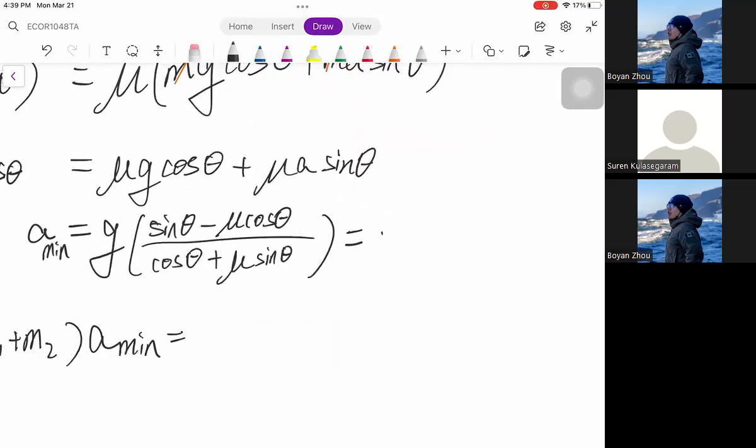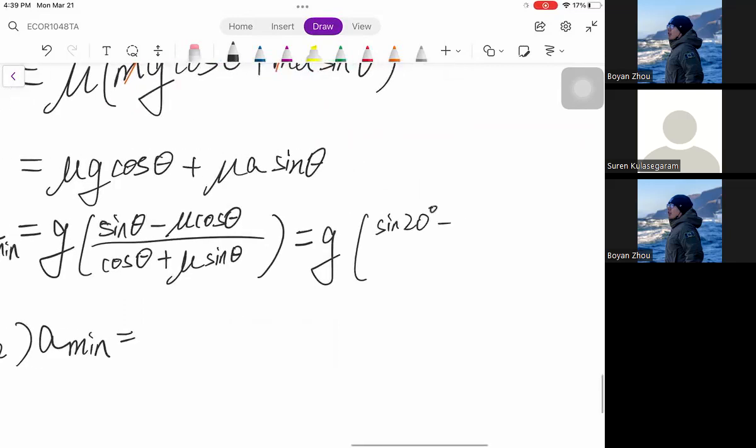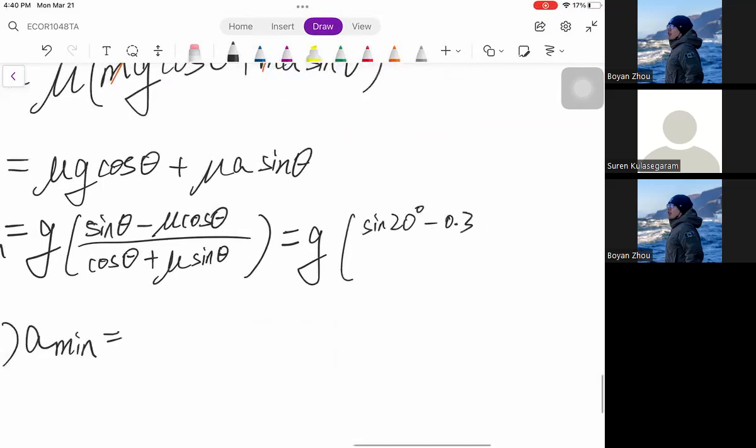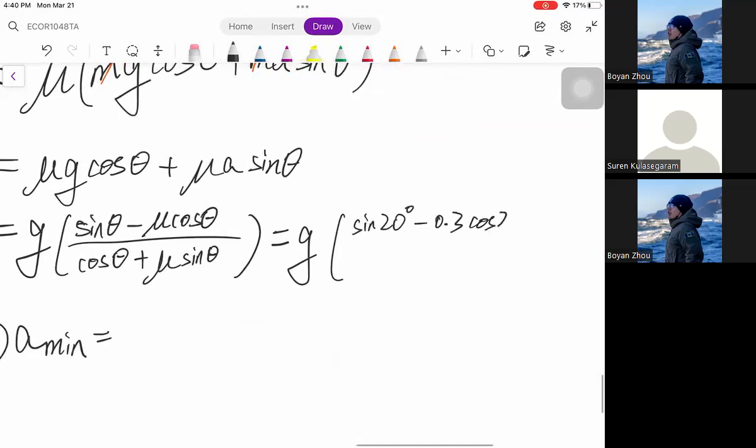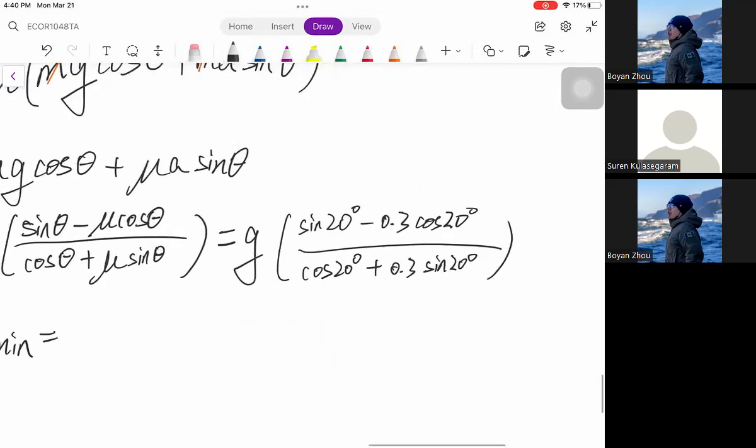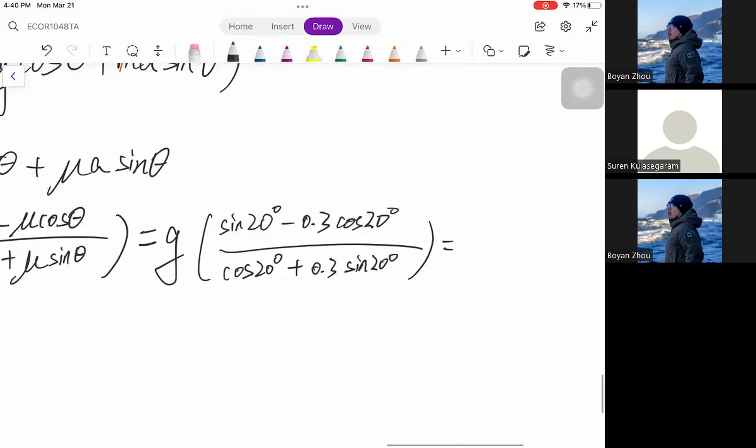So this one is G times sine 20 minus 0.3 times cosine 20, over cosine 20 plus 0.3 times sine 20. And this is equal to 0.0577G.